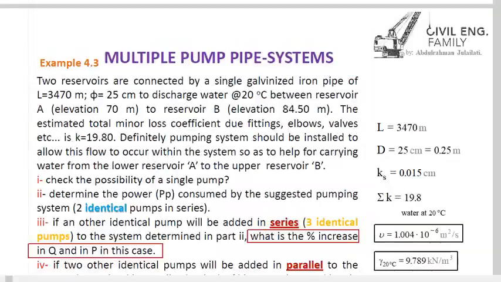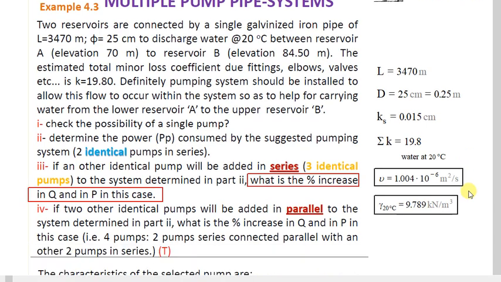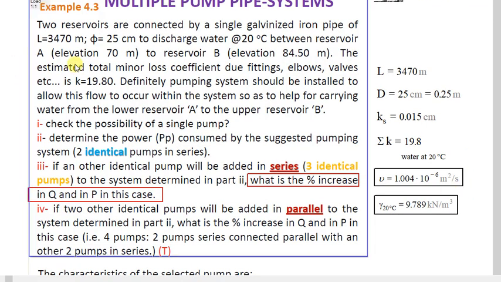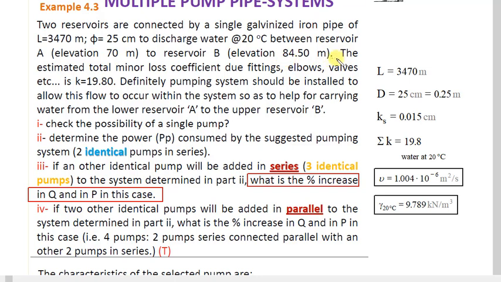What does it say? It says 2 reservoirs are connected by a single galvanized iron pipe of length something, and diameter 25 cm, to discharge water at 20 degrees Celsius between reservoir A at elevation 70 and reservoir B at elevation 84.5. So B is higher, and we are trying to take it from 70 to 84.5.